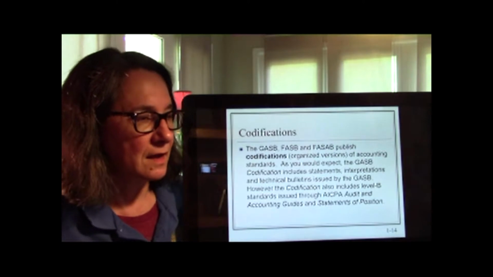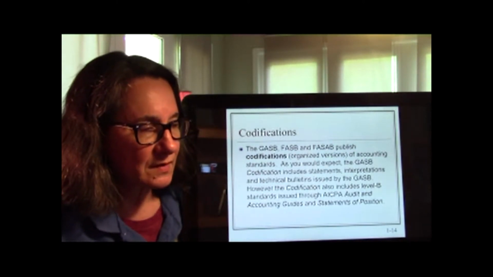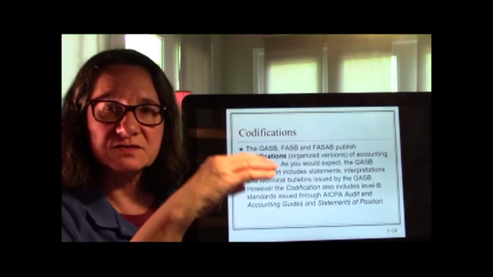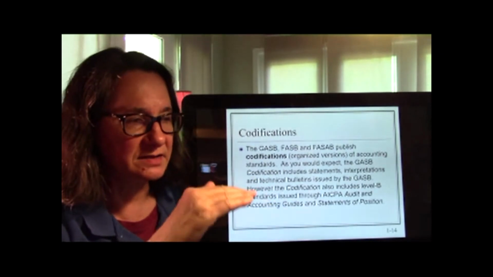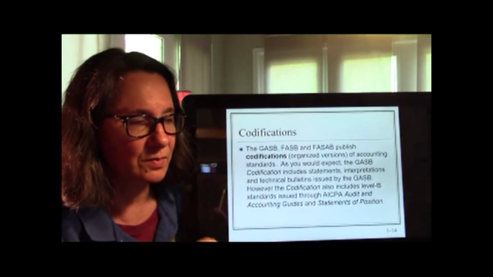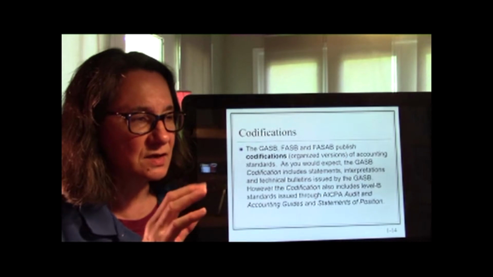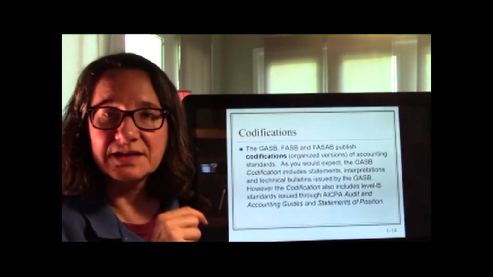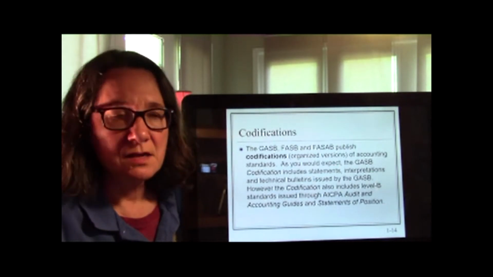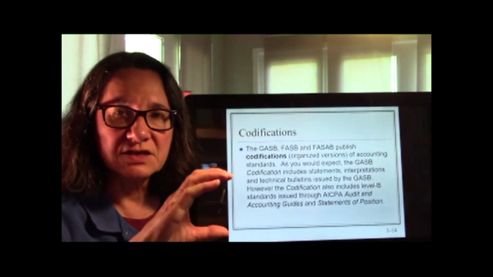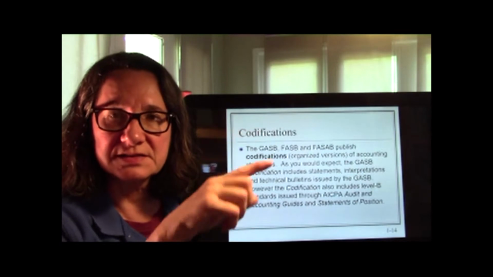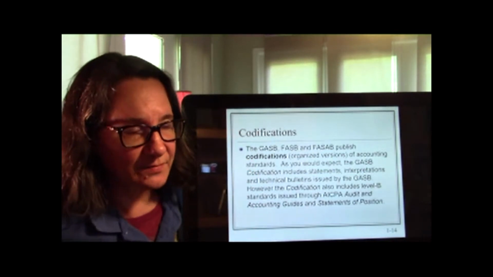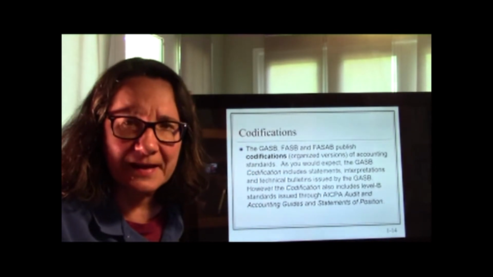Now, the codifications have those subsections, right? Like interpretations, technical bulletins, right? So if you were to go get a book of GASB standards, in fact there's a name for it, it's called the Yellow Book. You'd get this book and it would just have all these listings by numbers, and I'm certainly not going to expect anybody to learn that.